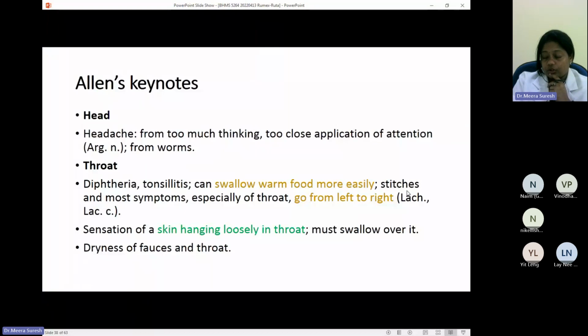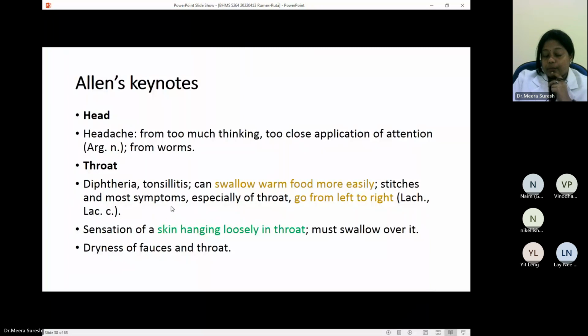Because we are mentioning the throat, their illusion that they are having a very serious throat disease needs to be mentioned for you to score more marks. In throat there can be diphtheria, tonsillitis, or sore throat, and they can swallow warm food more easily.